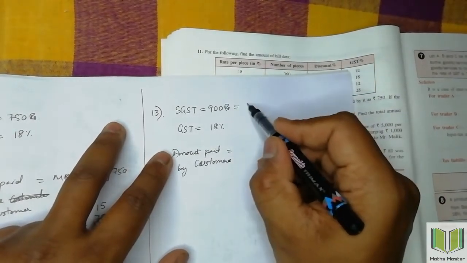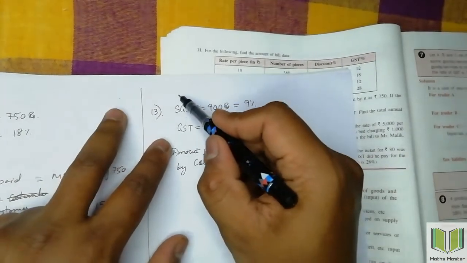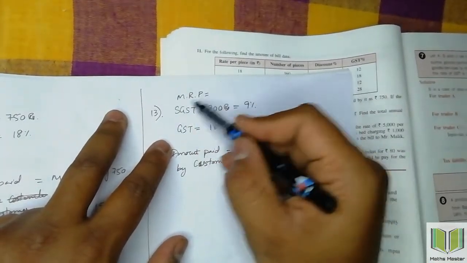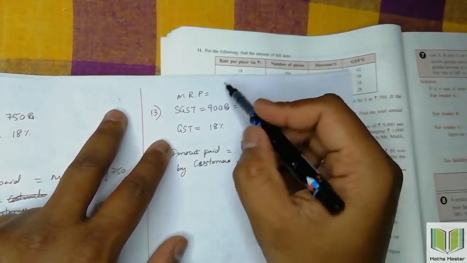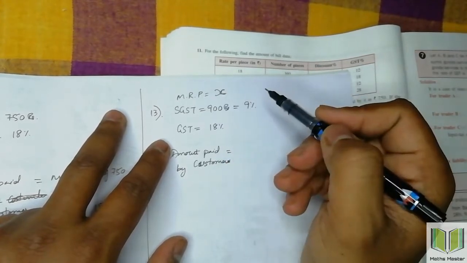So SGST will be equal to 9%. Now let me take MRP. The same terminologies we are not going to change. MRP, or selling price in this case because there is no discount. Let's take MRP is equal to X.